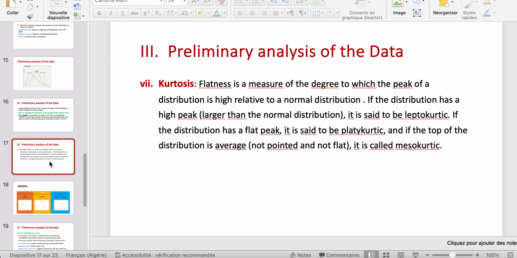And the last one is the kurtosis. Kurtosis measures the flatness of our data set, or the degree to which the peak of the distribution is high relative to the normal distribution. The skewness and the kurtosis we also compare to the normal distribution.